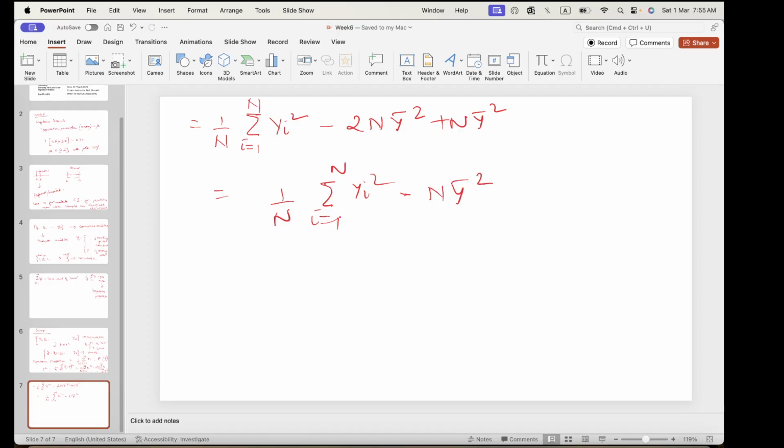Okay, so yi's are 1s or 0s, so yi square will also be 1 or 0, and summation over i equal to 1 to n yi will give me the number of cases. So let me denote this by C by n, and y bar is nothing but P, the population proportion, so this will be np square.